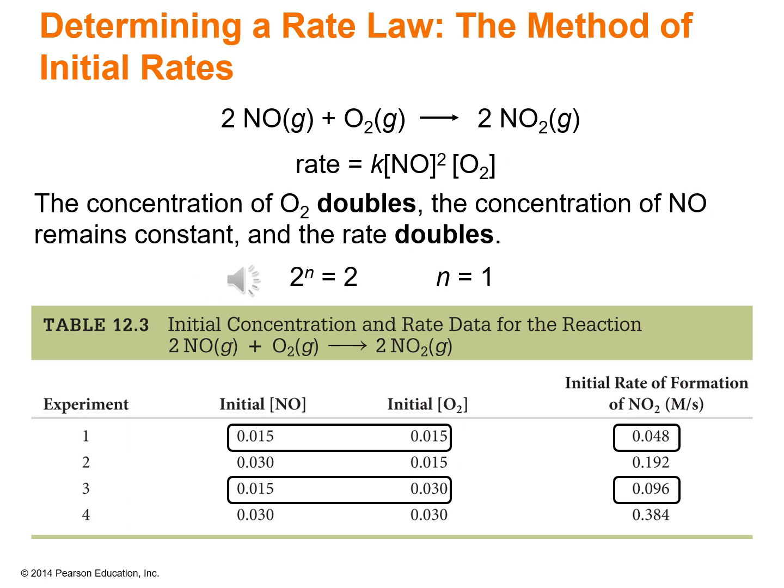Likewise, keeping the concentration of NO stable and doubling the concentration of oxygen, we see that the rate of formation doubles, which means it would be raised to a power of 1.